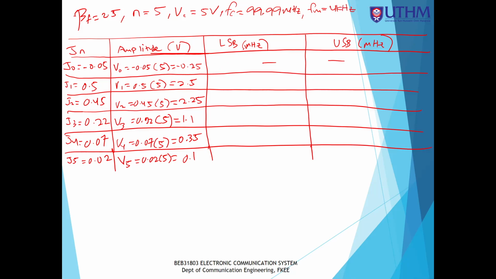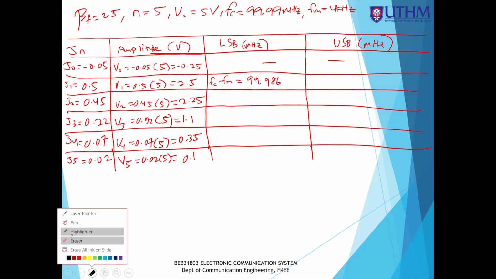Therefore Fc minus Fm is equal to how much? 99.986. And over here is 99.994 for Fc plus Fm.